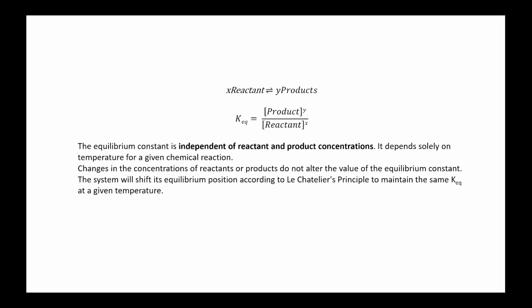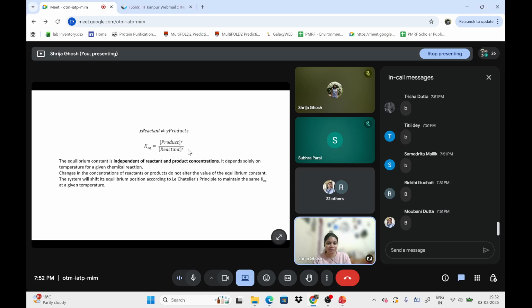So option B is the correct answer, as pointed out by most of you. I told you there's no change in the equilibrium constant when the pressure or concentration of reactants and products are increased or decreased, because the equilibrium constant is independent of the reactant and product concentration. It only depends on the temperature. So at any given temperature, the equilibrium constant will remain unchanged, no matter whatever factors you are changing.